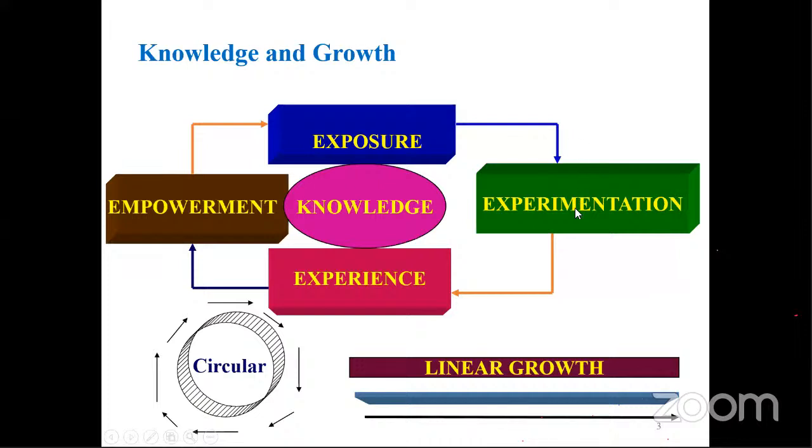From experimentation we get experience, and when we become experienced, then we will have empowerment for a particular topic. So knowledge goes in this cycle. If you are not repeating the cycle, then you are not updating your knowledge.